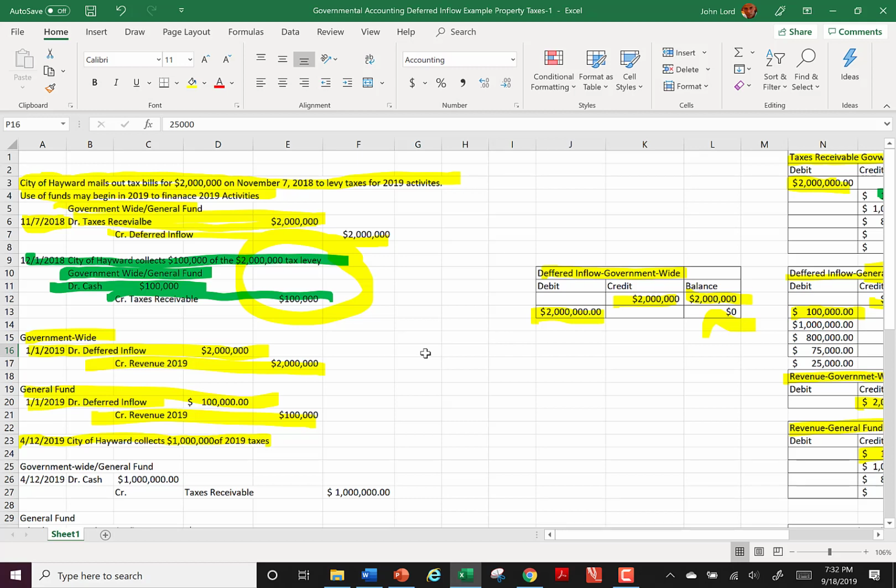Now what happens? When they mail the tax bills out, both at the government-wide level and the general fund level, they're going to go ahead and debit taxes receivable $2 million, credit deferred inflow because they have not met eligibility because 2019 has not begun yet, right? So they haven't met the time requirement. Do they have to worry about eligibility?